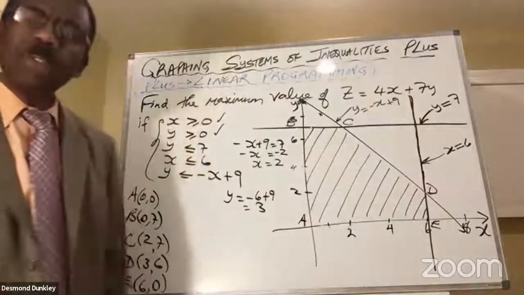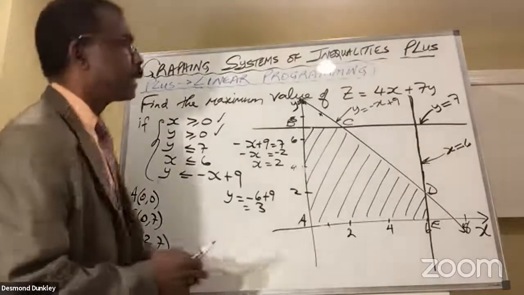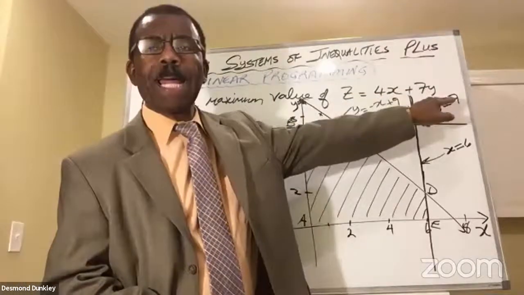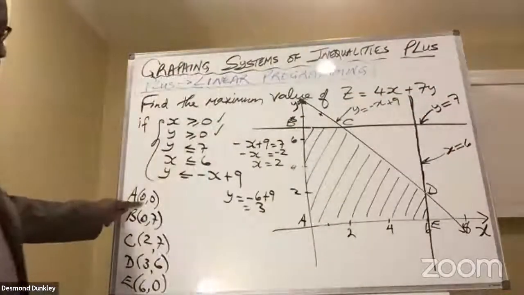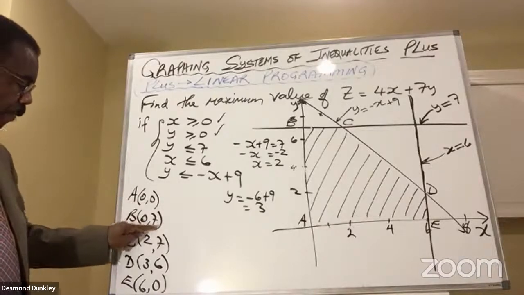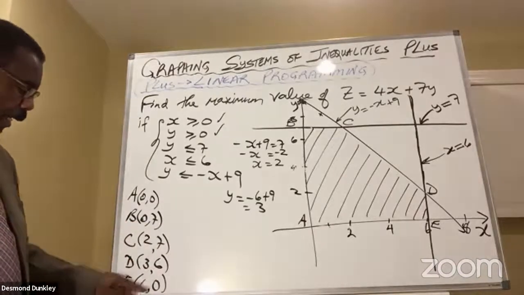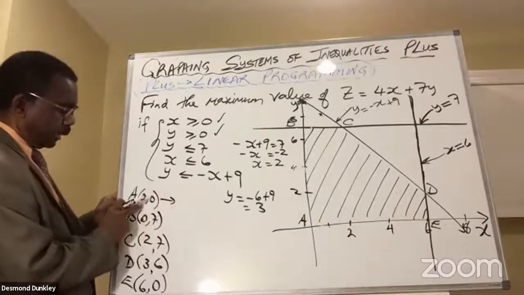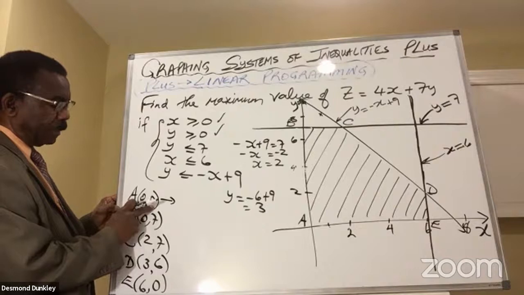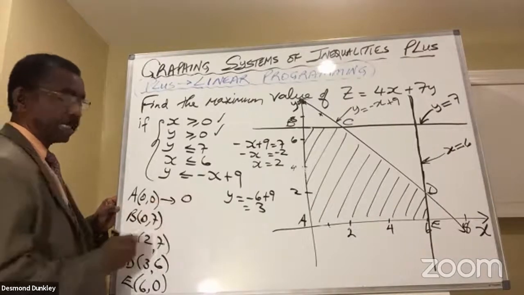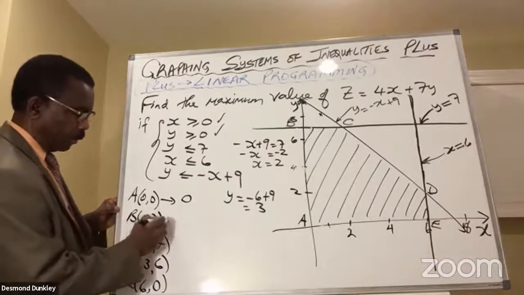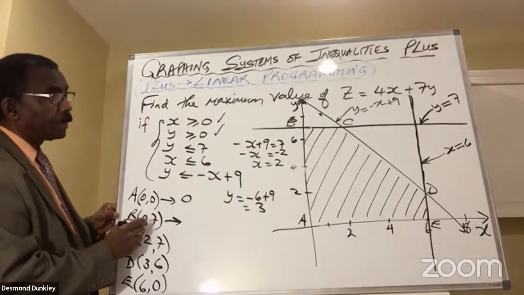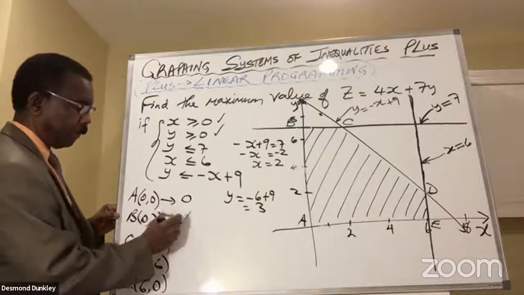So what we'll have to do now is test the function z equal to 4x plus 7y using these values for x and y. According to this one, 4 times 0 is 0, 7 times 0 is 0, so this is going to be 0. According to this one, 4 times 0 is 0, 7 times 7 is 49.